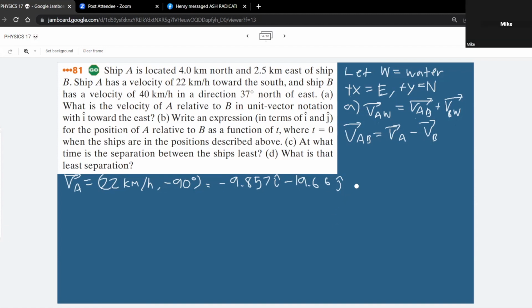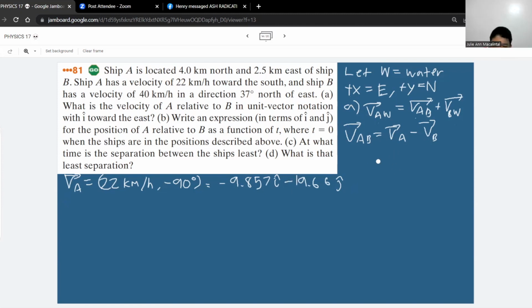So yung V sub A dito, that's just going to be negative 22 kilometers per hour J hat, kasi going south.